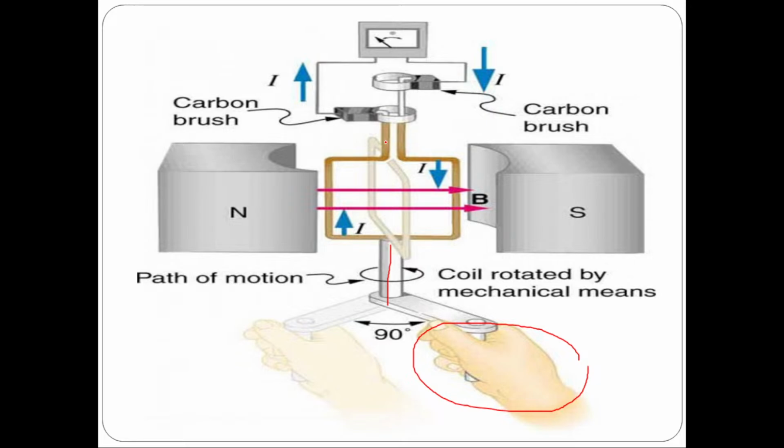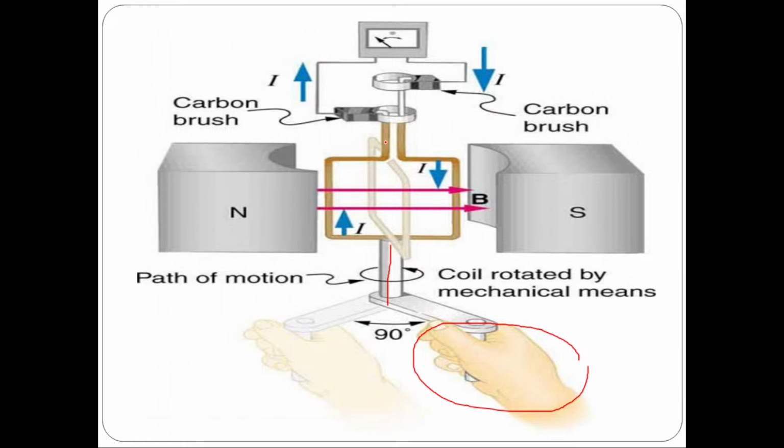Actually, it is never done manually with the hand. The coil is never rotated with the hand. How the coils are rotated, I will discuss. In practice, coils are never rotated with the hand, but to understand the concept, just for namesake, I am showing you this image.